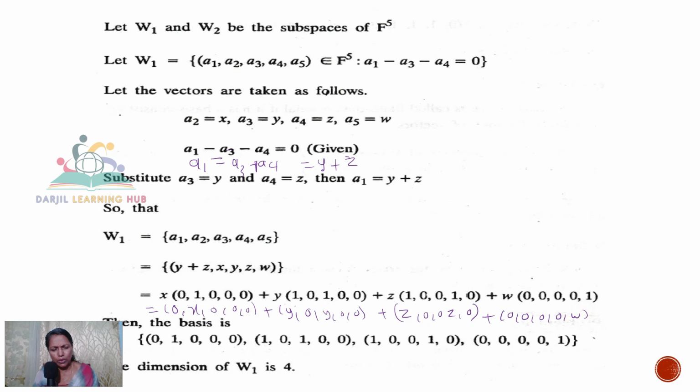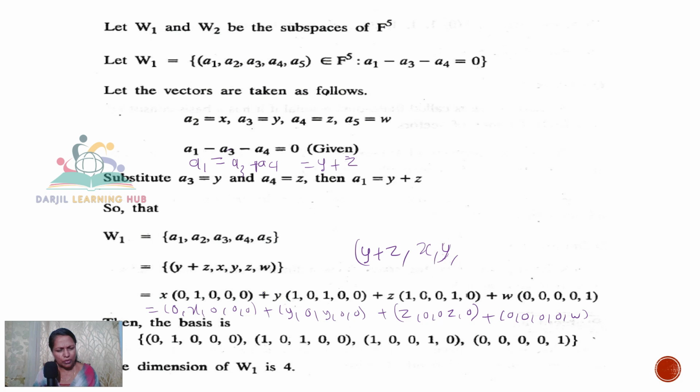By coordinate-wise addition, the first coordinate is y plus z. The second is x plus 0 plus 0 plus 0, that is x. The third coordinate is 0 plus y plus 0 plus 0, that is y.